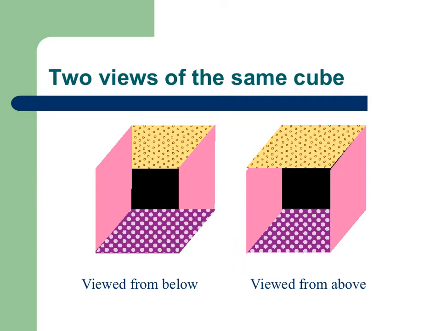And if we move our camera, we can imagine that now we're looking down on the box, and so this is the top of the box. We see the inside of the bottom of the box, the inside of the left wall here, the outside of the right wall here, and of course the black is the very back of the box. So take a look at this slide until you can see that this is viewed from below and this one's viewed from above, and you understand what's going on here.